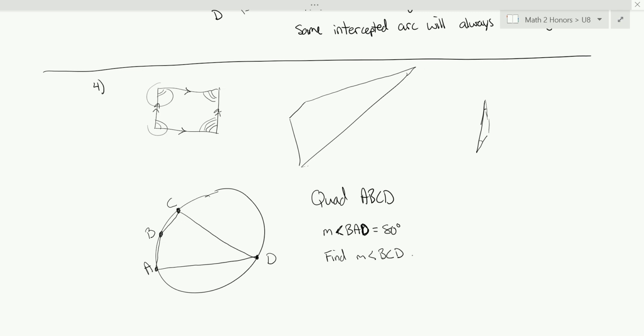So don't think about quadrilaterals, even though we have one here. Think more about inscribed angles to help you with it. Measure of BAD is 80 degrees. Find the measure of BCD.